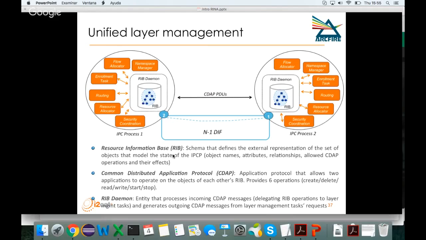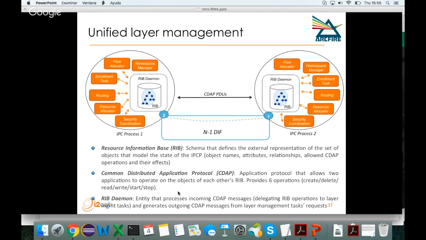So we have a resource information base, which is the schema that defines the set of objects that model the state of the DIF, of the IPC processes, which are the instances of application processes that are part of the DIF. We have CDAP, which is this universal control plane protocol, which just provides operations to enable two applications to exchange objects and to operate on them.